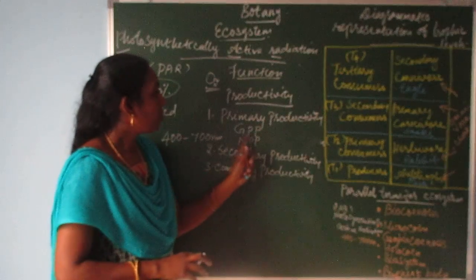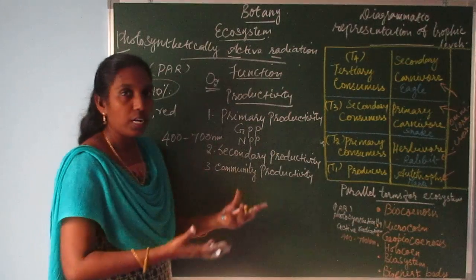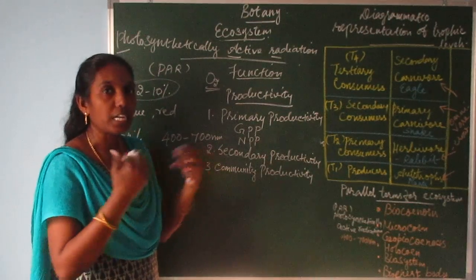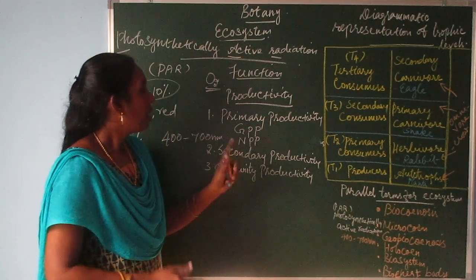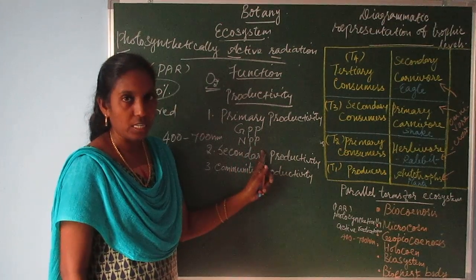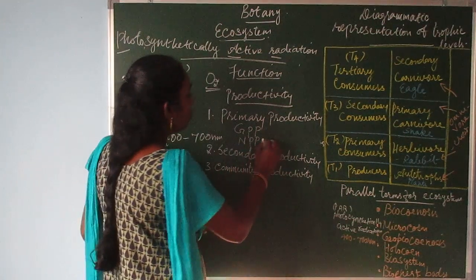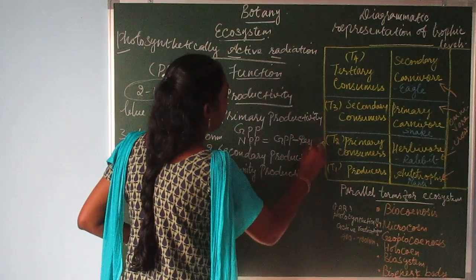By respiration, some amount of energy is lost. So NPP, net primary productivity, is equal to GPP minus respiration.